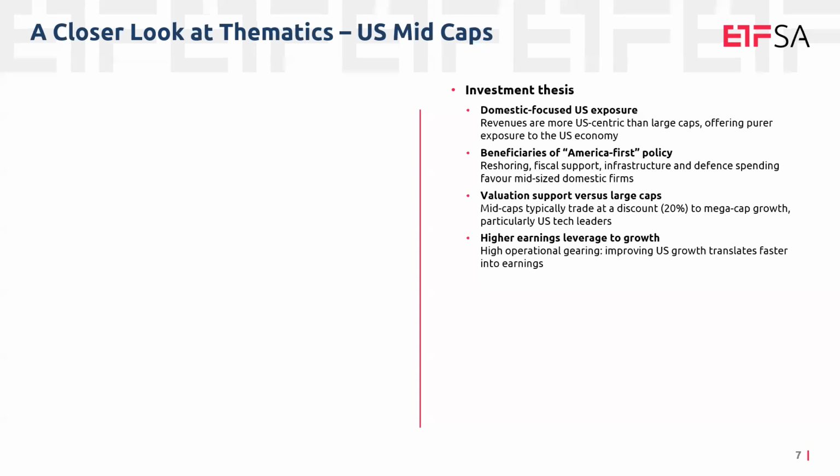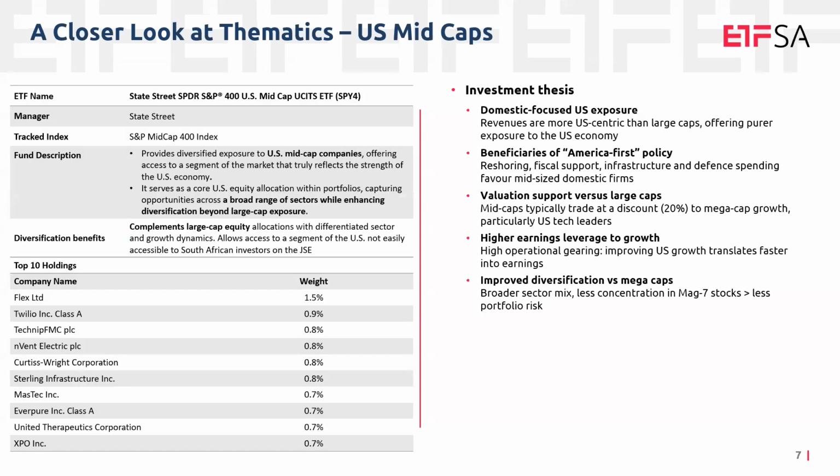So a really great way for us to tap into that US economic growth, which remains resilient and very strong. And finally, for us also, it is about improved diversification. The S&P 500, the mega caps, are very dominant in terms of your information technology and so on, whereas the mid-caps give you a much more diversified exposure to the US economy.